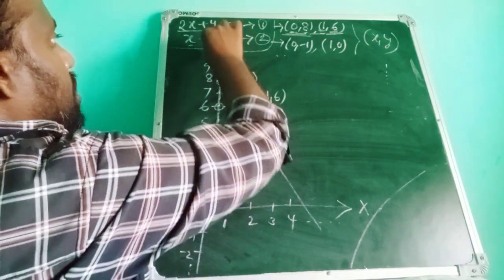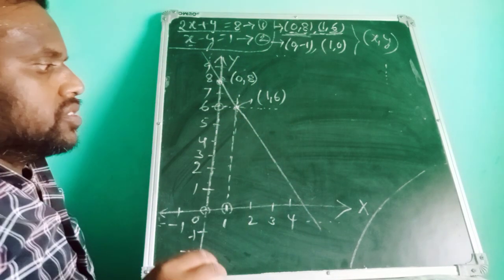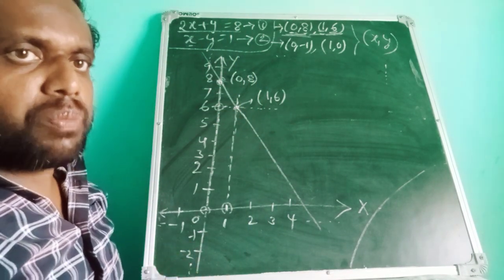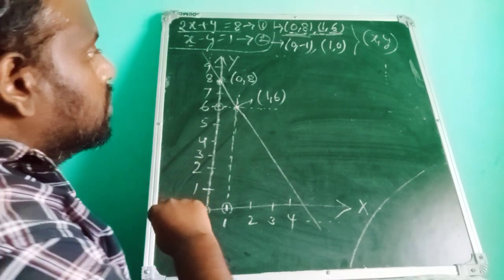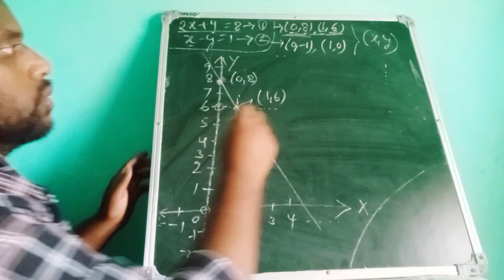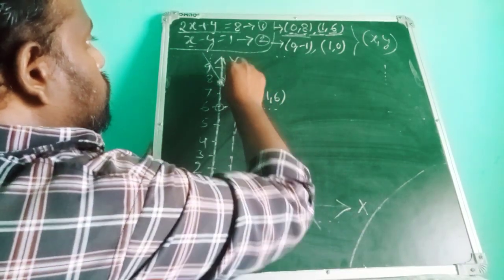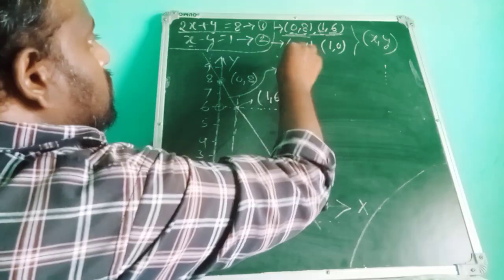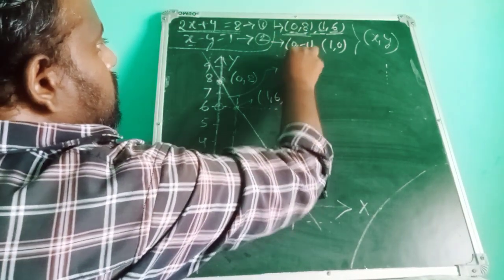Here on this side also extend like this. I am just drawing roughly on the board; you use the scale on the graph paper. Now this is equation 1, that is 2x plus y is equal to 8.